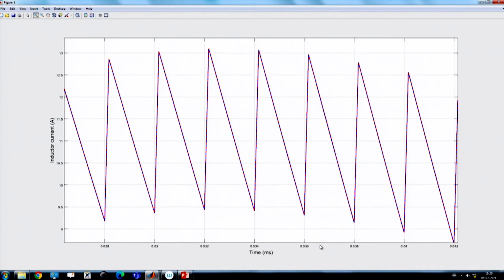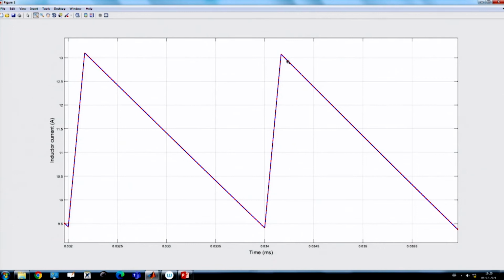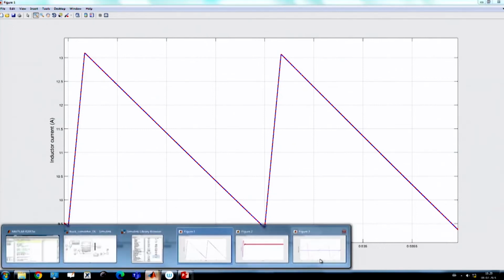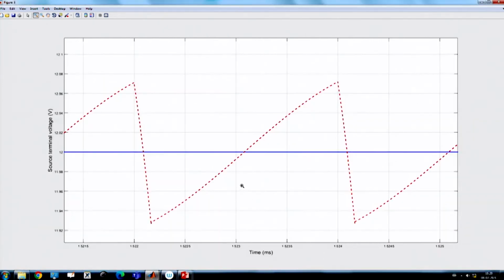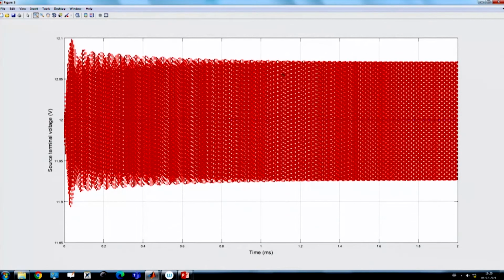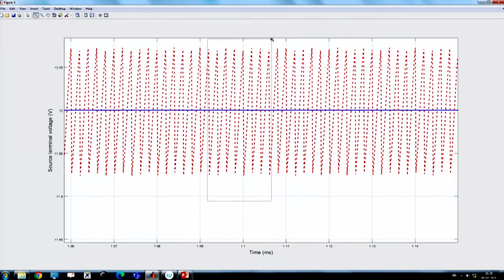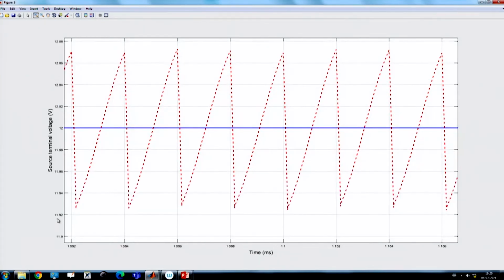identical. That means, if the impedance of the source is not large, the effect due to the transient in the source is not very severe, because if you see the magnitude, it is varying from 11.92 to 12.06.